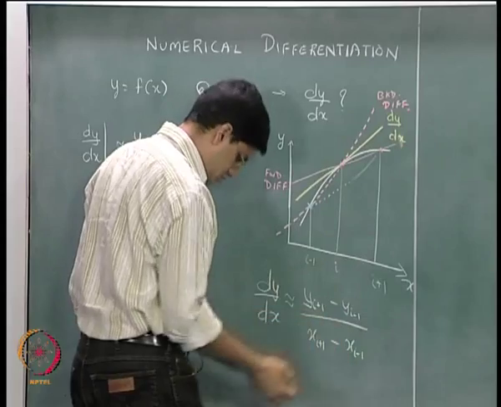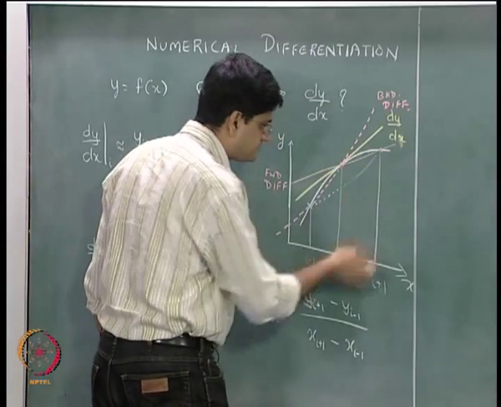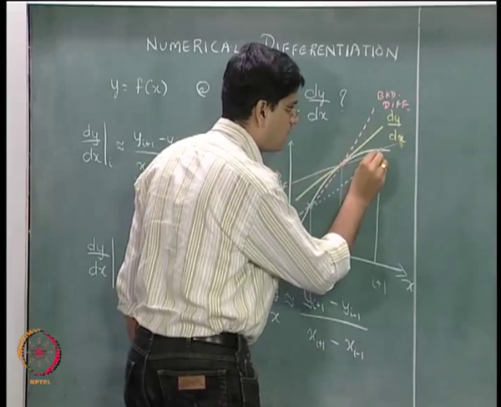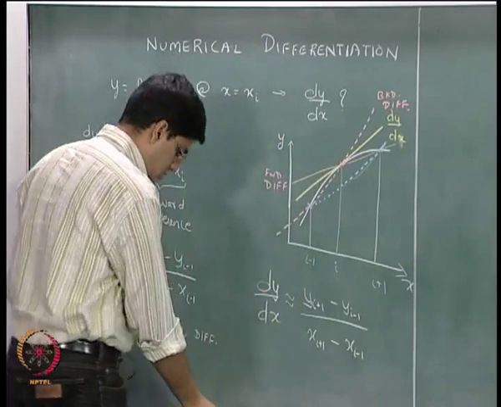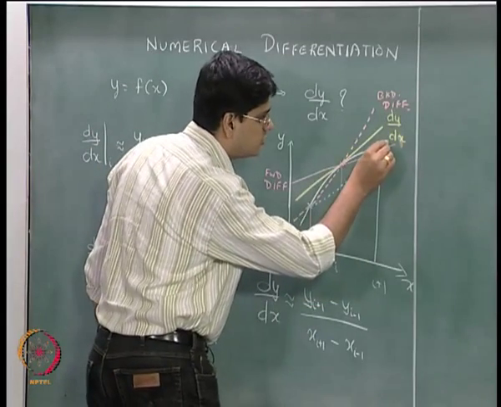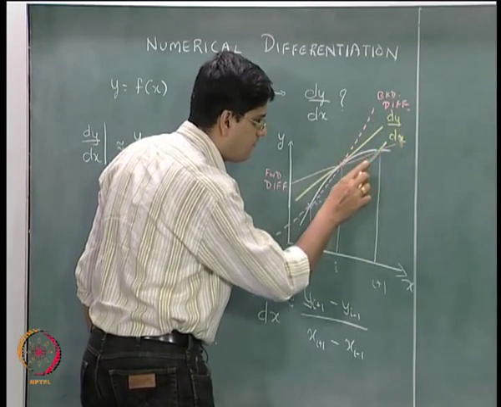Okay. So it is the slope of this particular dotted line. I have not drawn it too well, so I will just join it with another yellow dotted line over here.